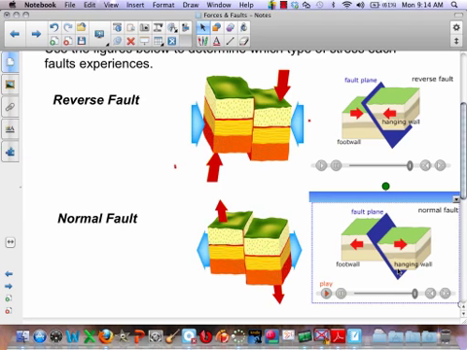The normal fault, that escarpment is angled back away from the fault, whereas with the reverse, it's angled forward. You guys see the difference there? Okay, so this is reverse, this is normal. And then the last type of fault that I want to talk about is something called a strike slip.